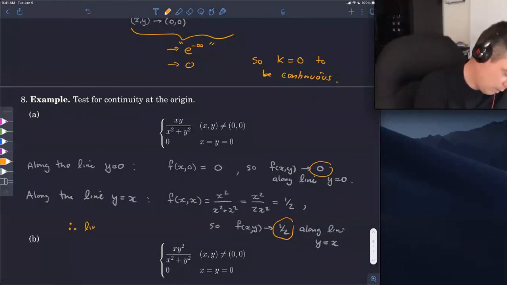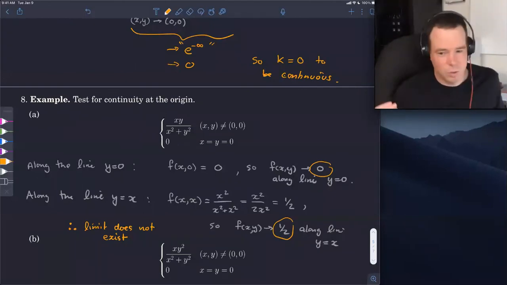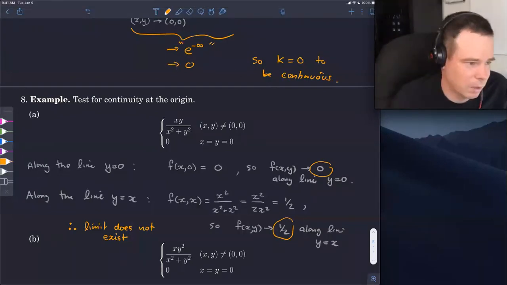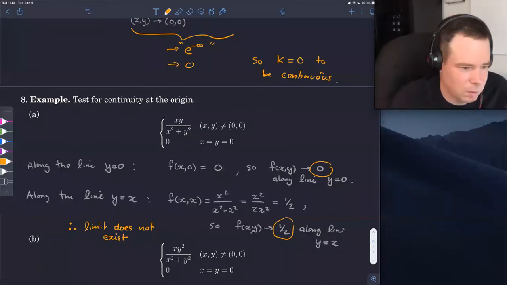Because if it were to exist, my function values would have to approach that value regardless of direction. But this is already showing me that if I approach along different directions, I get different values. I'll give you a visual for this, and then we'll call it for today.